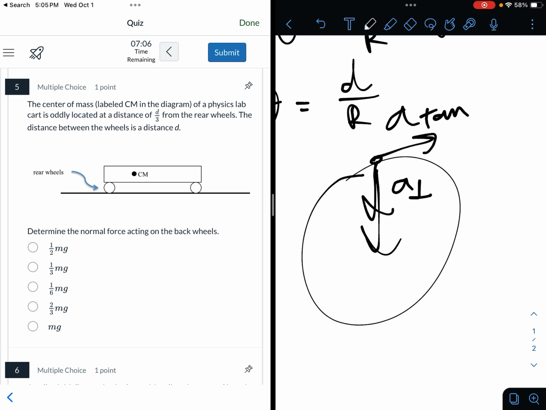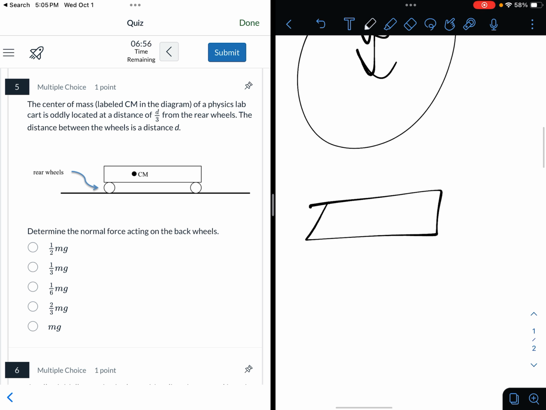Center of mass is not aligned. If it were in the middle, the wheels would each exert a force of 1/2 mg, because if you think about the FBD, this is in the middle, so this would be 1/2 the weight and this would be 1/2 the weight.